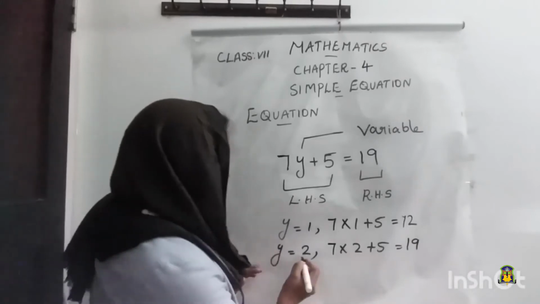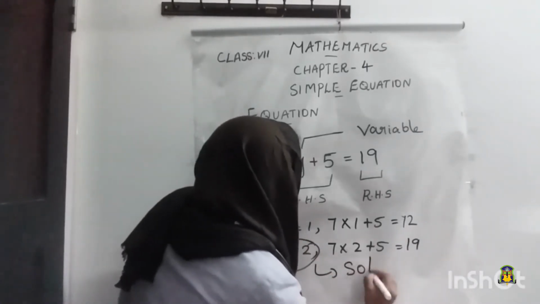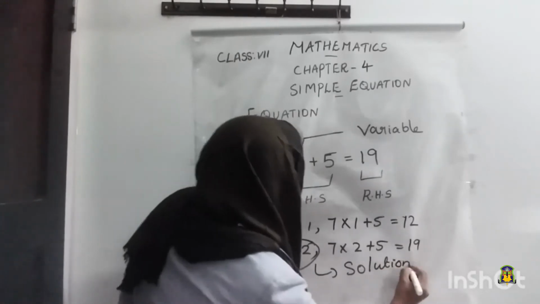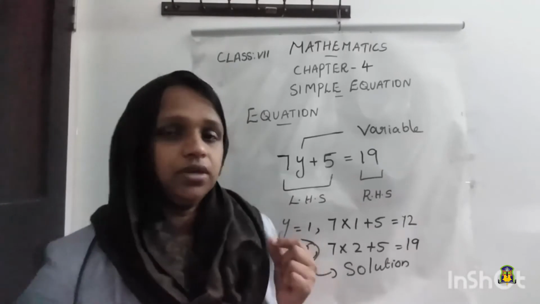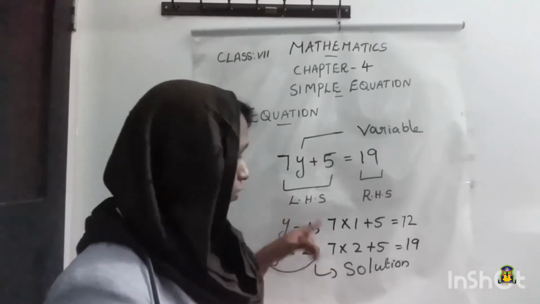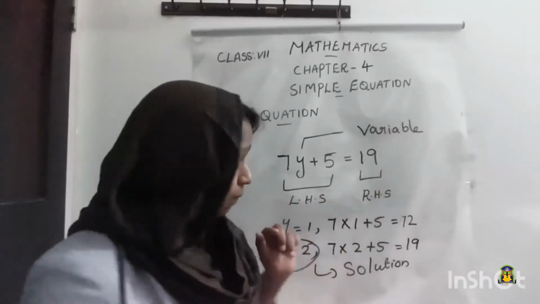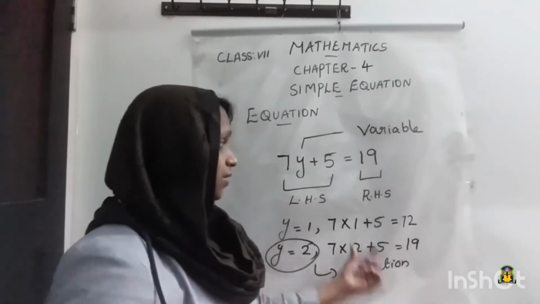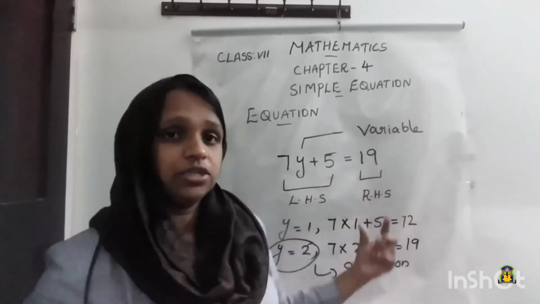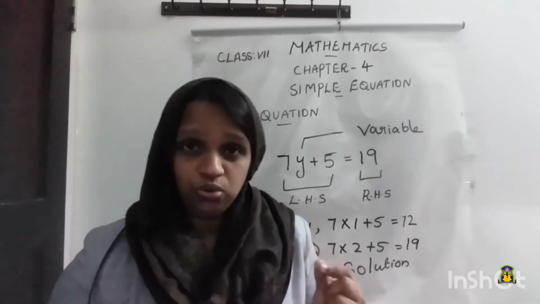So y = 2 is a solution. For y = 1, the LHS is not equal to RHS. But if y = 2, then only LHS equals RHS. So we can tell y = 2 is a solution.